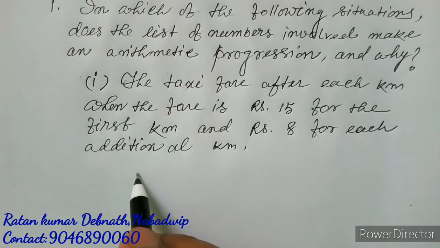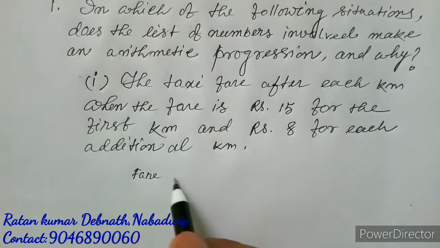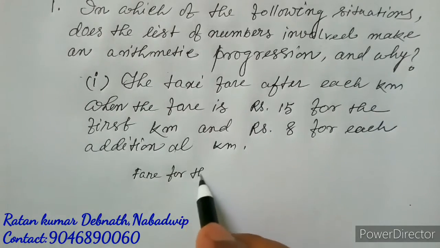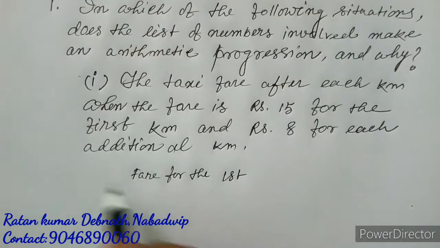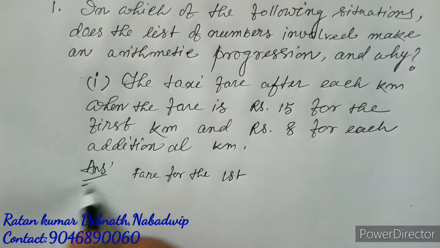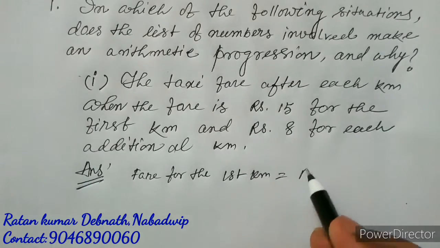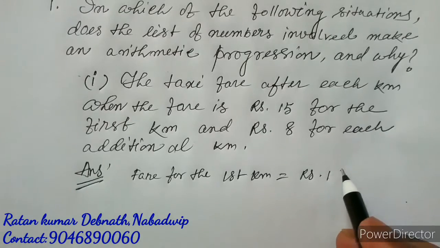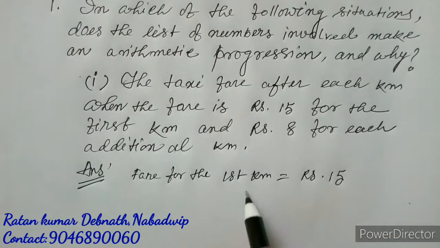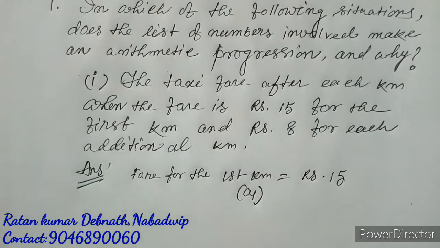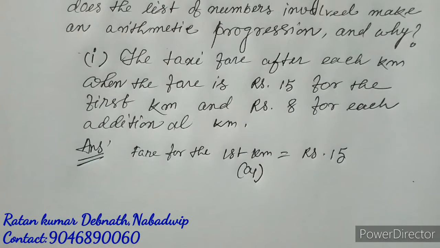Fare for the first kilometer, rupees 15. This is our a1, that is the first term. If you go 1 kilometer extra, you have to pay 8 rupees extra. If you go another 1 kilometer, then you have to pay another 8 rupees more.